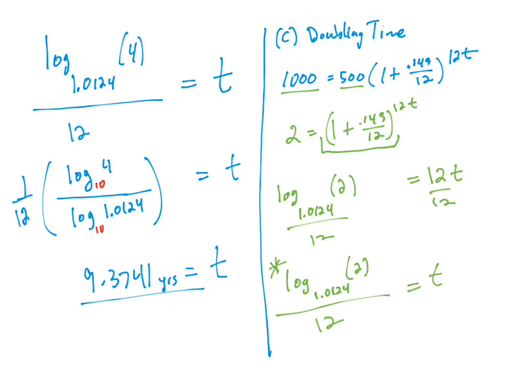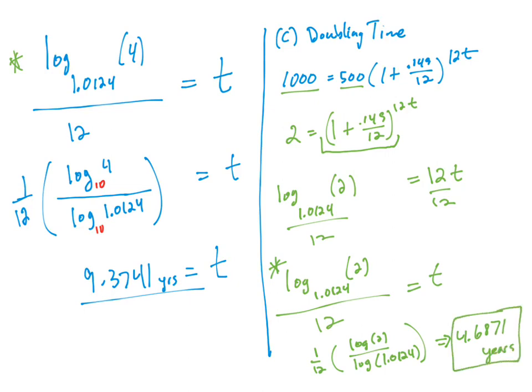So this actually looks very similar to what we had here. Okay, so we're going to go about this in the same way, 1/12, and then I'm going to use the change of base formula. So log of 2 divided by log of 1.0124. And let's see what that gives us. And I end up with 4.6871 years.